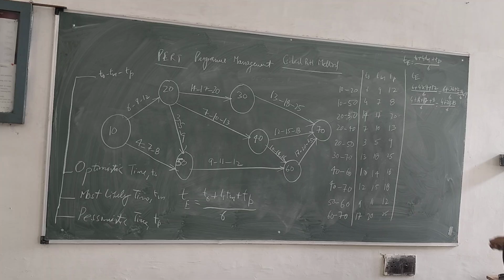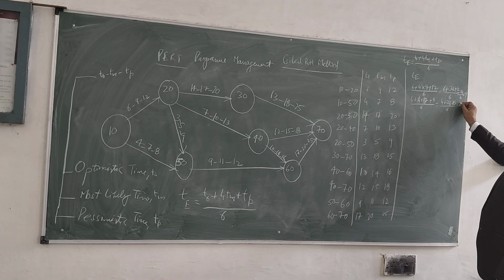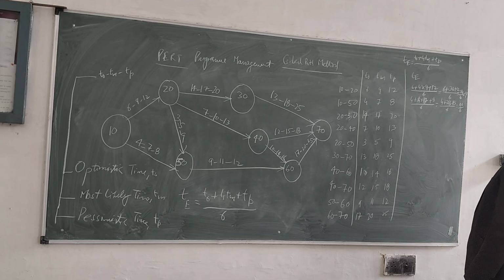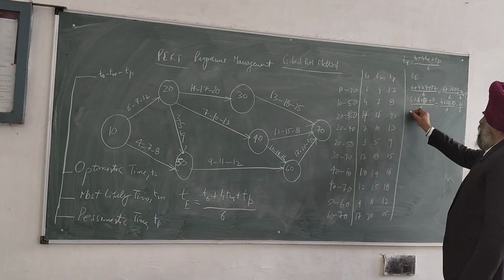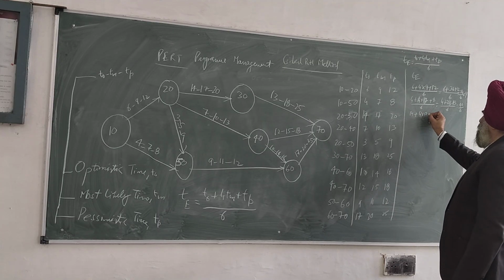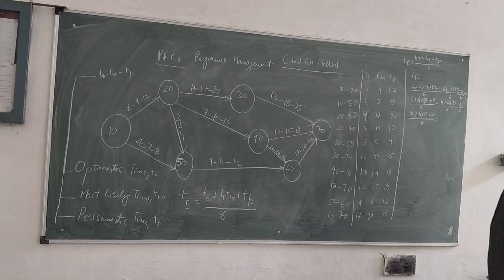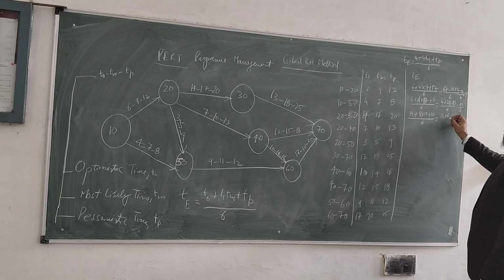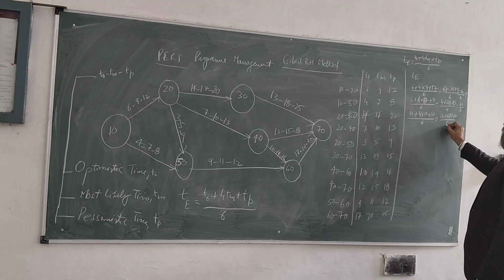So this value is 40 over 6. Clear? This is not a whole number; you will get something like 6 point something. Here it is 14 plus 4 times 17 plus 20 over 6. Once you calculate this value, it is 14 plus 68 plus 20 over 6.